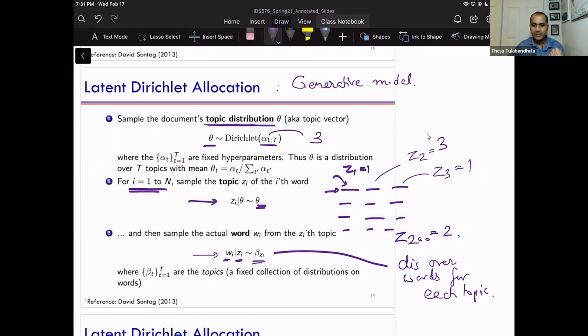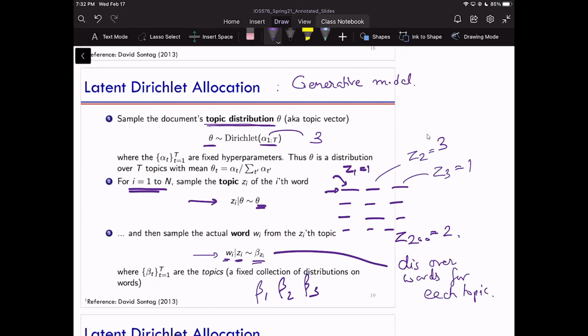That given topic is Z_i, which happens to be 1 or 2 or 3. And tilde just means you're drawing a sample from that topic-specific distribution of words. Beta subscript Z_i is basically beta 1, beta 2, or beta 3, because Z_i takes the value 1 or 2 or 3.